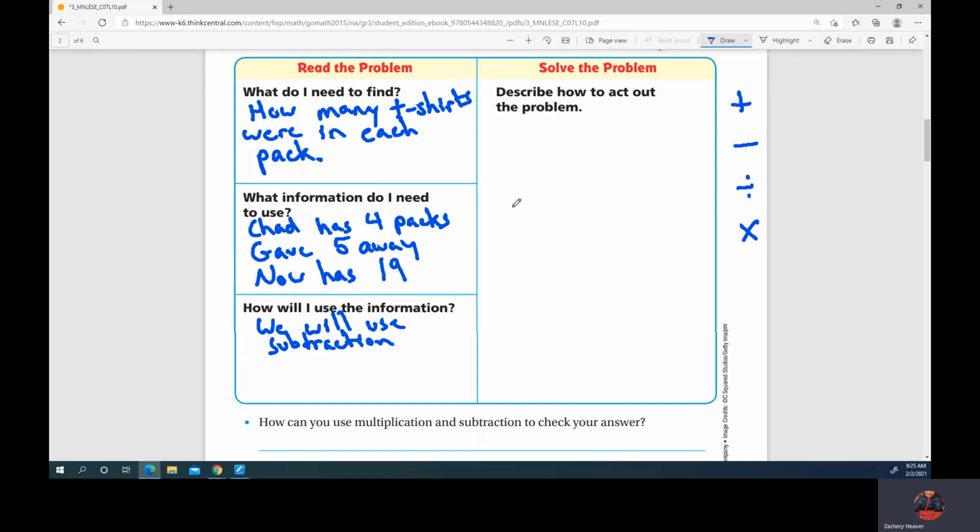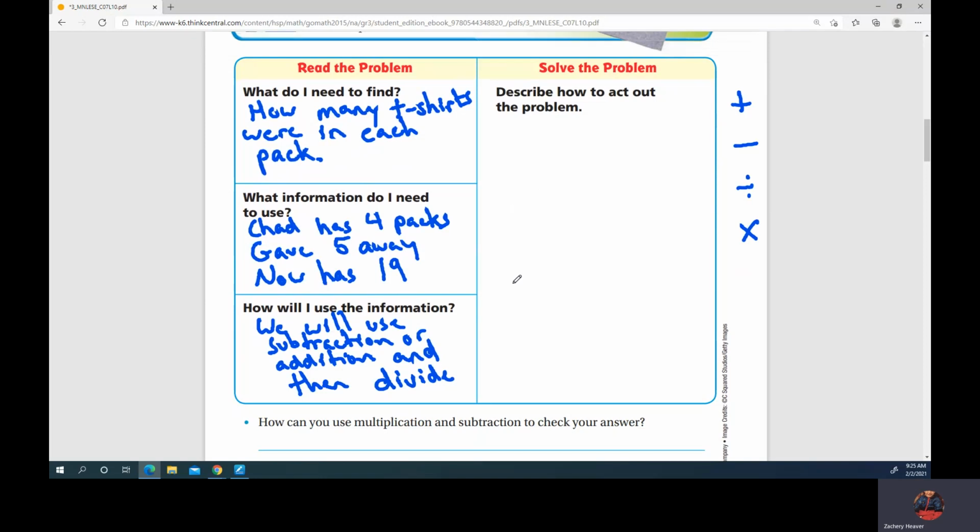So we will use subtraction or addition and then divide. And let me explain what I mean by that. We know he has 4 packs, but he has 19 right now, and he has 19 after he gave 5 away.